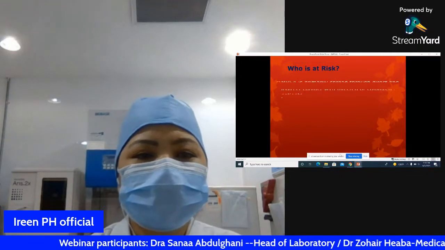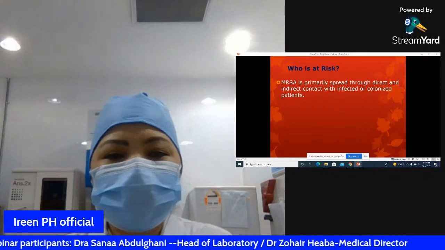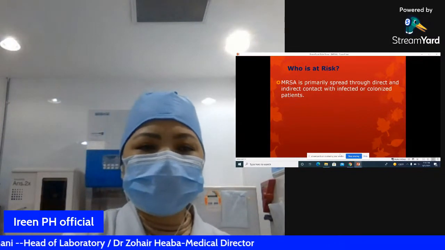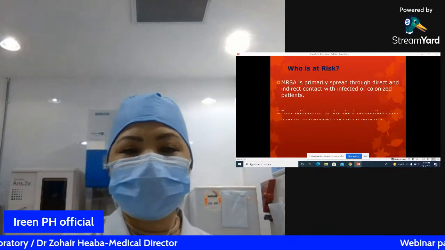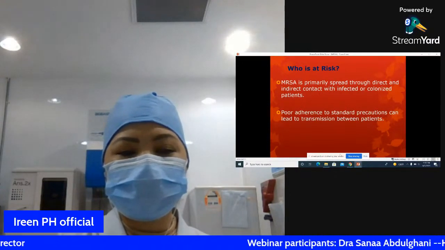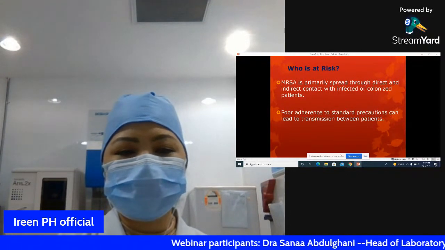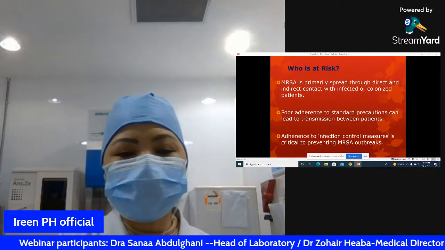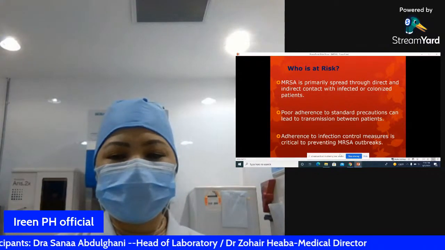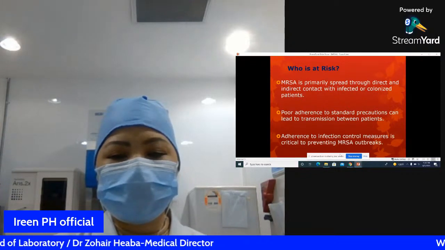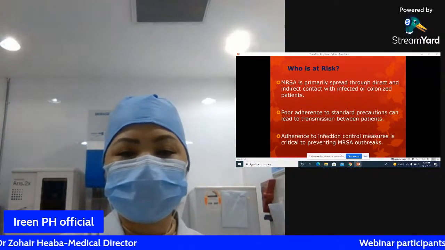And who is at risk? It is primarily spread through direct and indirect contact with infected or colonized patients. Poor adherence to standard precautions can lead to transmission between patients. Adherence to infection control measures is critical to preventing MRSA outbreaks.